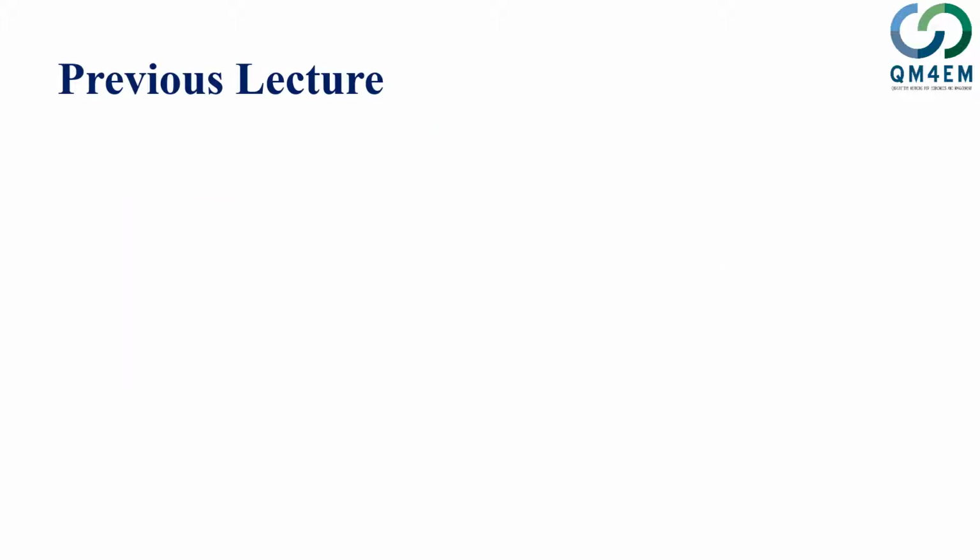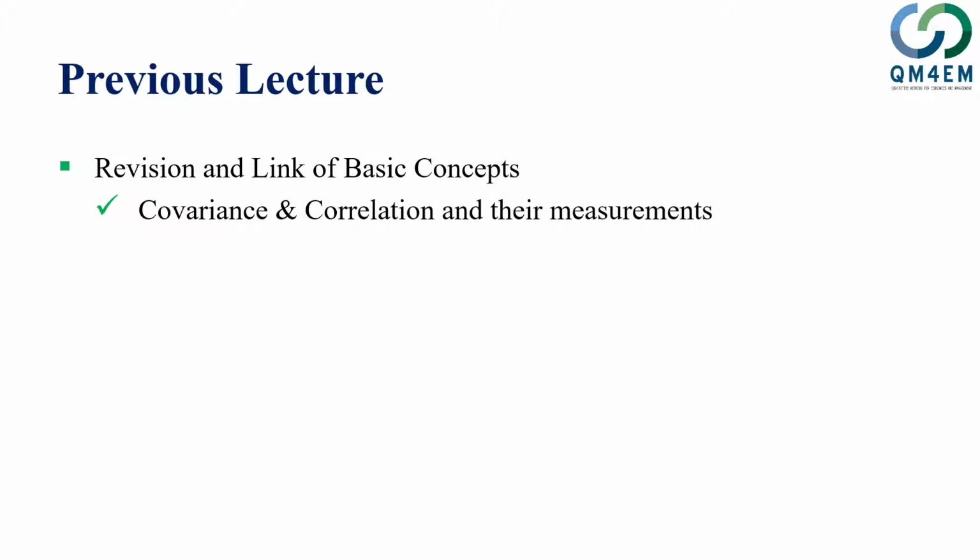Now, in the previous lecture, that was the first lecture of this week, we talked about some basic concepts. In these basic concepts, we covered the concept of covariance and correlation and their measurements. So we had a detailed discussion of the difference between these two and how these are measured.